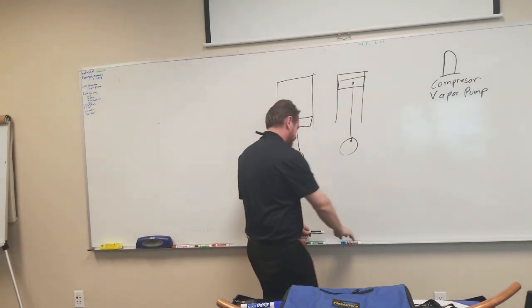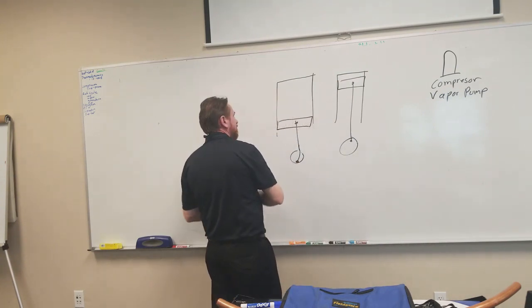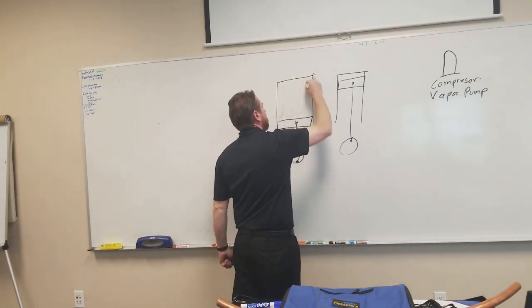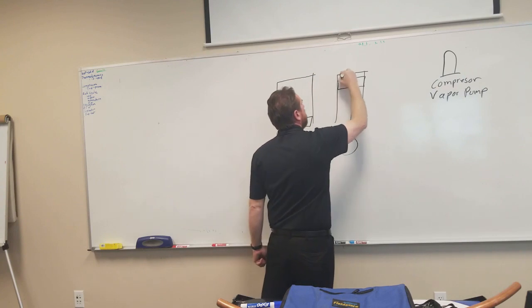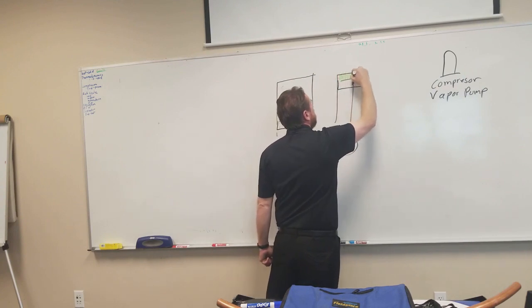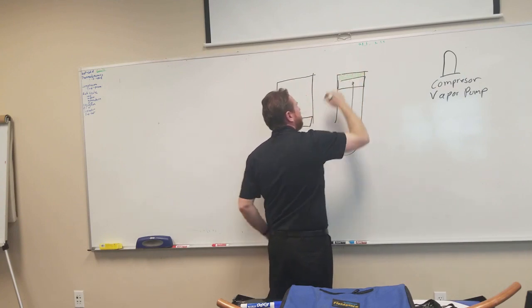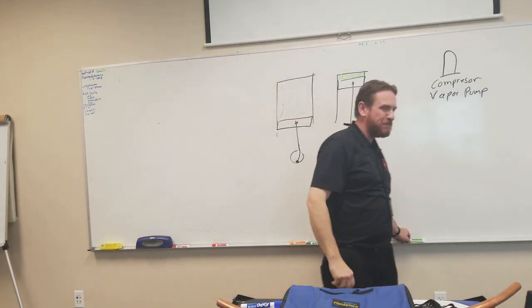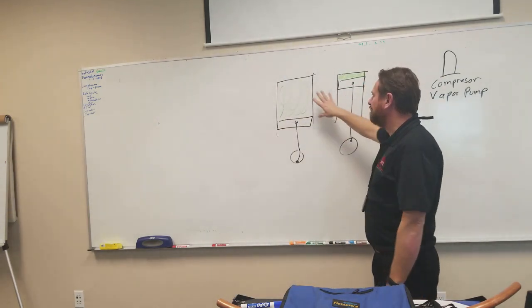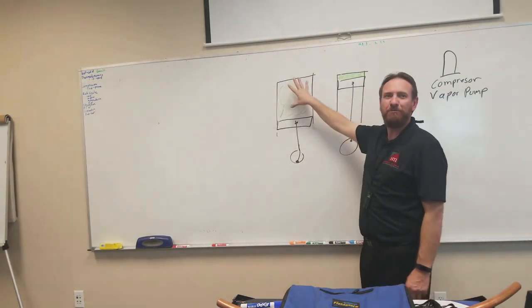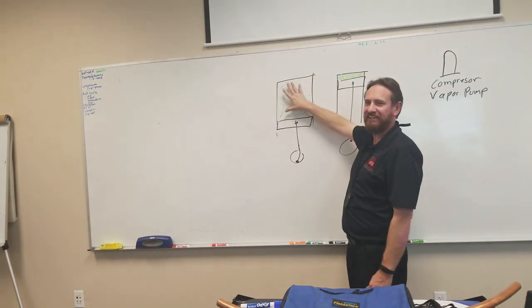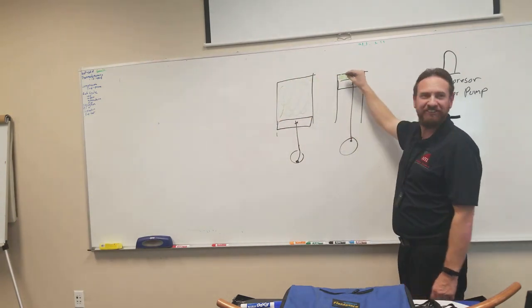What's the difference between these two cylinders? Volume. Oh, I heard a lot of correct answers. One big difference is the volume inside of here. There's more volume, more space right here. Over here, there's less volume.